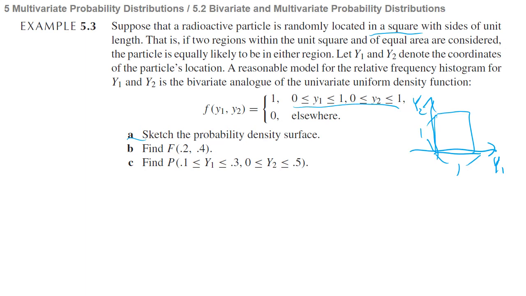So the probability density surface. Here, the probability is defined on the unit square. Let's say this is y1, this is y2. Then the density defined on this region should be 1, so that the volume of this is 1.